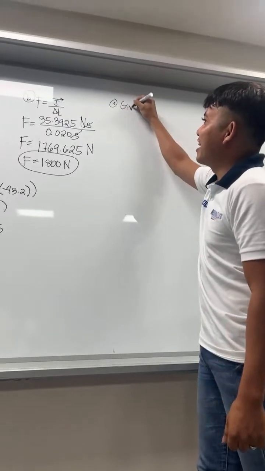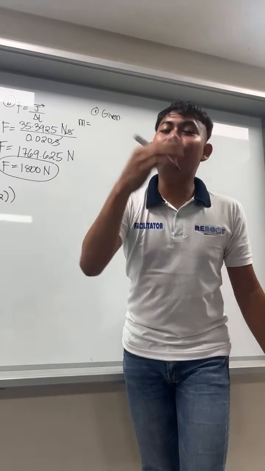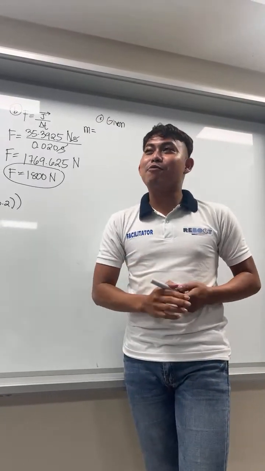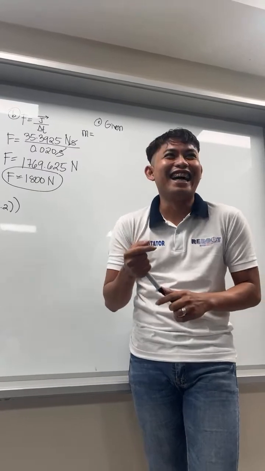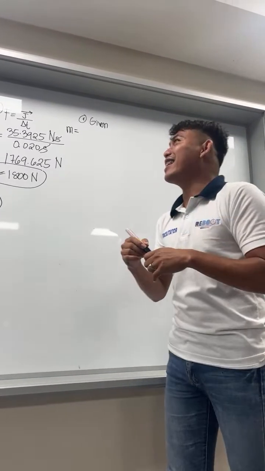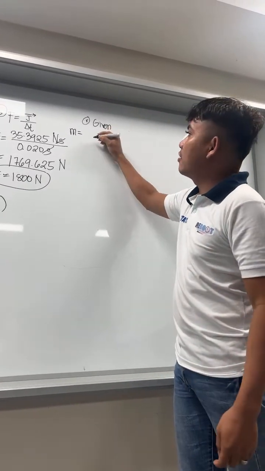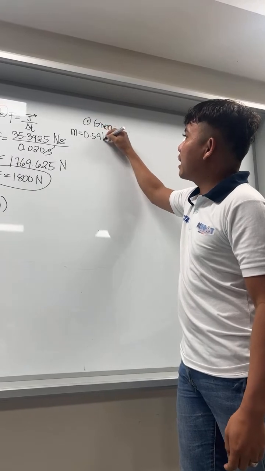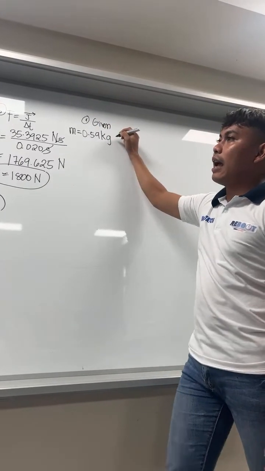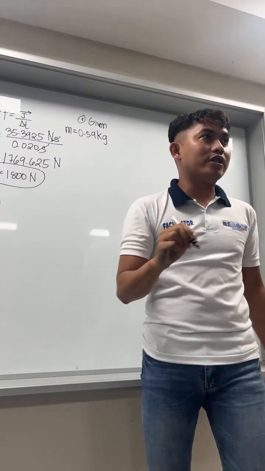Let's write our given. What is our mass? 0.59 kilograms. Then, based on the problem, what is our initial velocity?